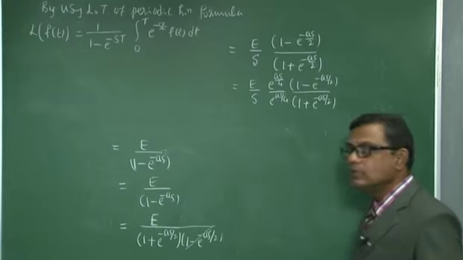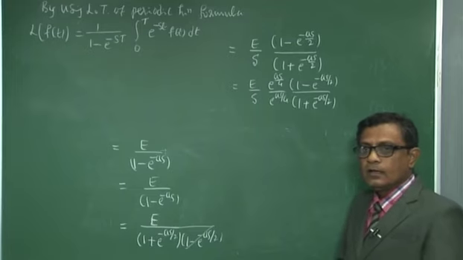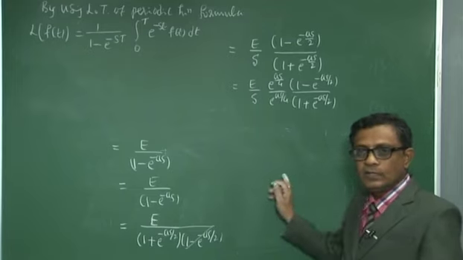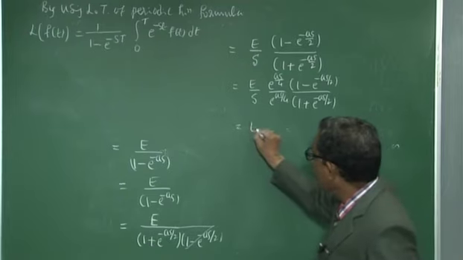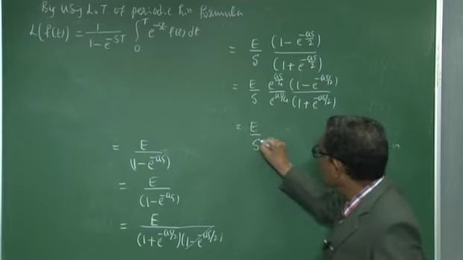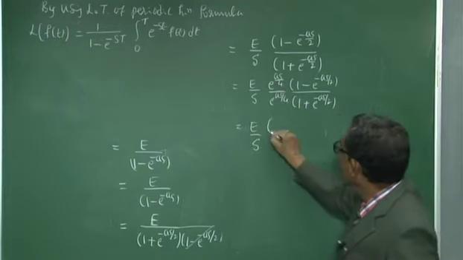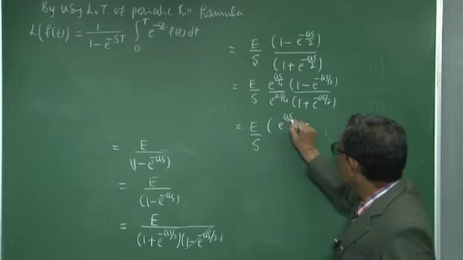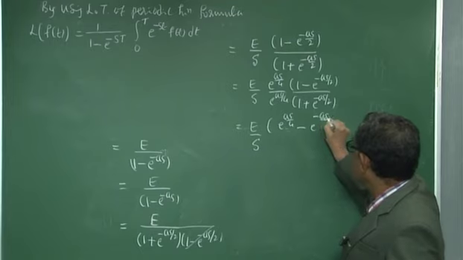Here it is given in the problem, prove that or show that. Until that you have to do the simplification. This is very important. E by s, you have multiplied and divided by e raised to as by 2. What happens? E raised to as by 4 minus e raised to minus as by 4.